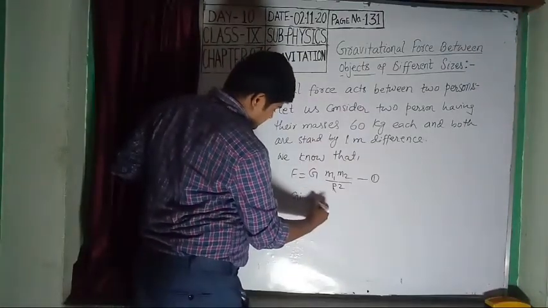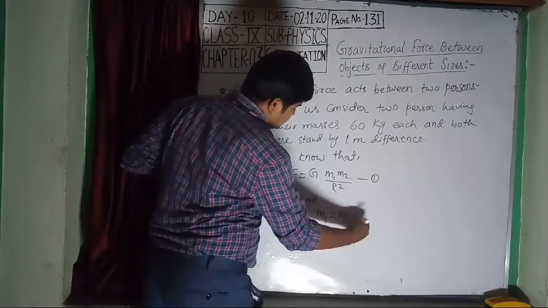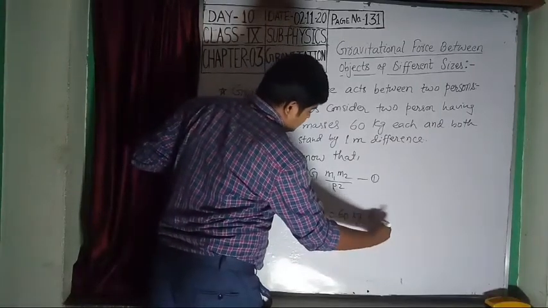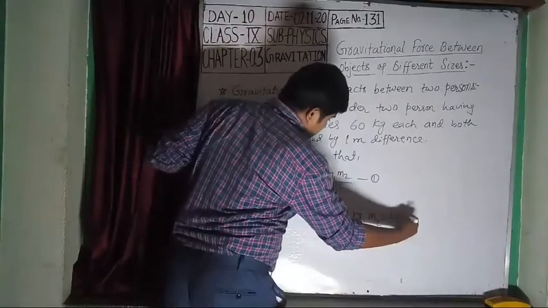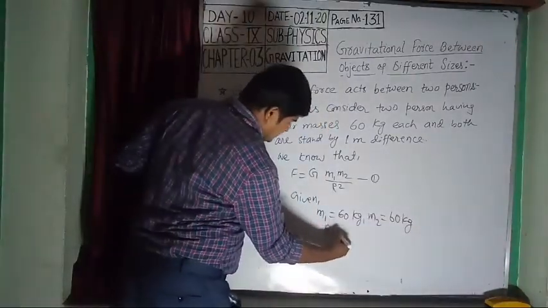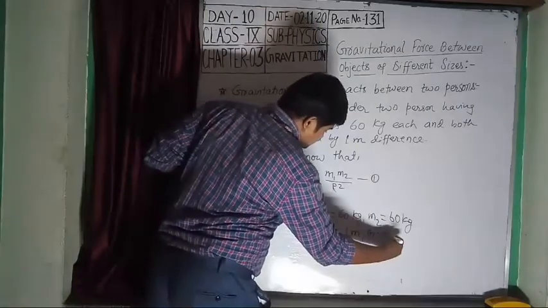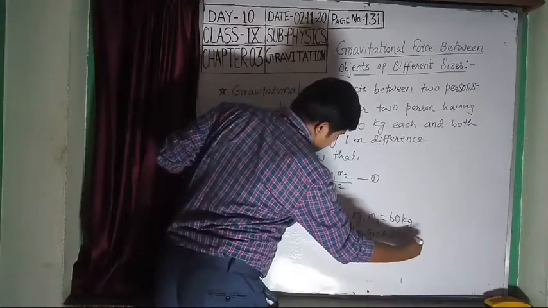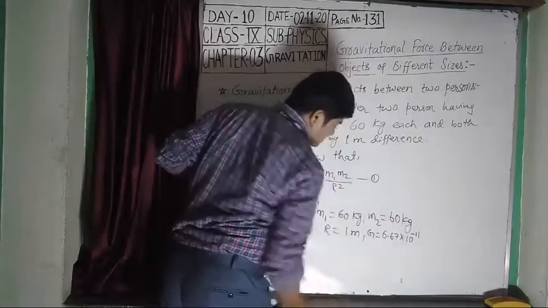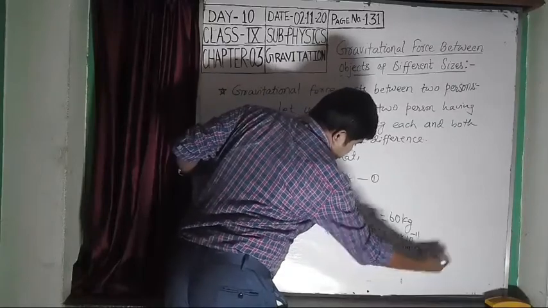Given: m1 is equal to 60 kg, m2 is also equal to 60 kg, distance r is equal to 1 meter, and G is equal to 6.67 into 10 to the power minus 11 Newton meter square kg minus 2.